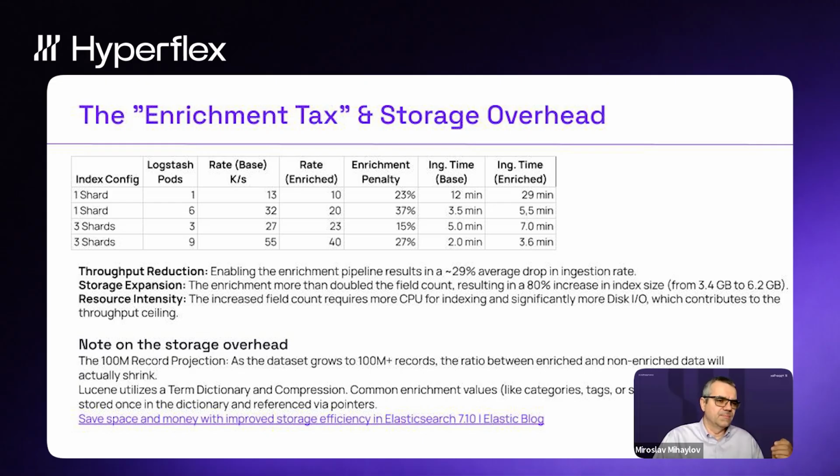But overall, let's call it, the tax on the enrichment is about a 30% drop in the ingestion rate. Now, for this specific use case I chose to add a lot of data fields which are not necessarily needed. I just wanted to double the amount of data in terms of columns. And this nearly doubled the index footprint.